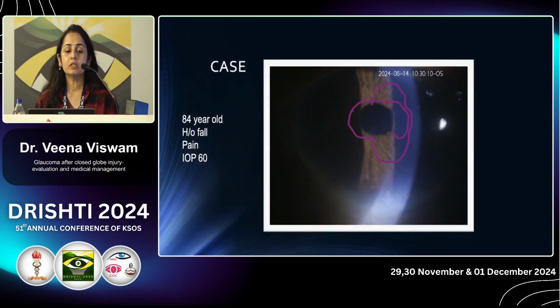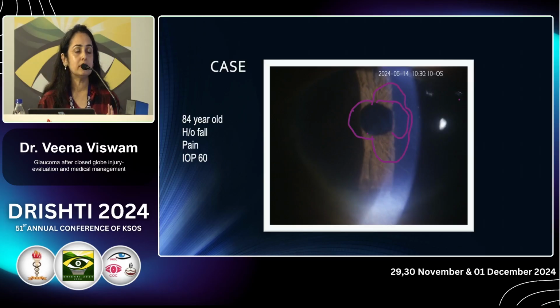We had a case, an 84-year-old patient with history of fall, actually a pseudophakic patient. She came back to us with pain and intraocular pressure of 60, and I could not show you the vitreous in the anterior chamber clearly. That's why I have just marked. That was a pupillary block due to the vitreous coming into the anterior chamber and filling it through the pupil.